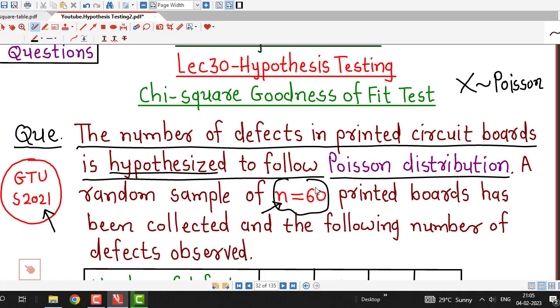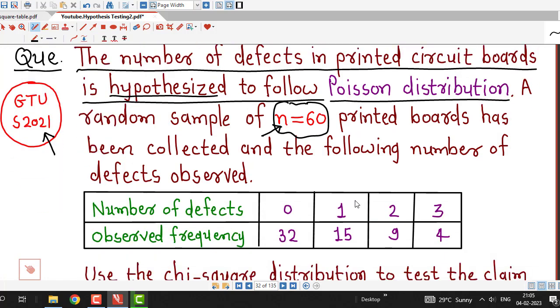And this is the data for the random sample of 60 printed boards, given in terms of frequency distribution. The number of defects is 0, 1, 2 and 3, so there are 4 categories.